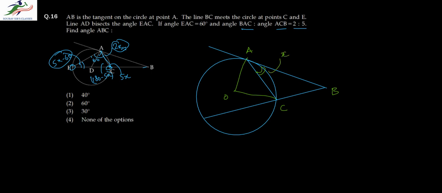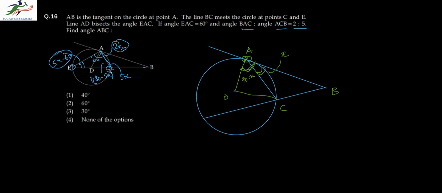So we know that the radius at the point of the tangent touching the circle is at 90 degree to the tangent. So angle OAB is 90 and angle CAB is x. So angle OAC is 90 minus x.